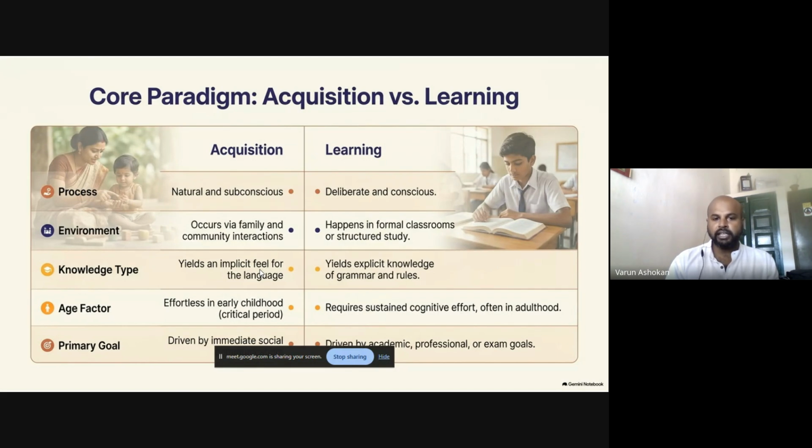It is a critical period. So we will also learn Stephen Krashen's critical period hypothesis, how a child acquires a language, and with a little emphasis the child tries to acquire more.